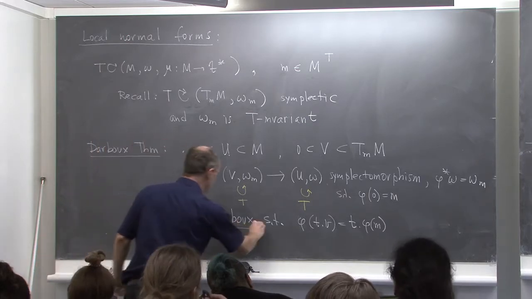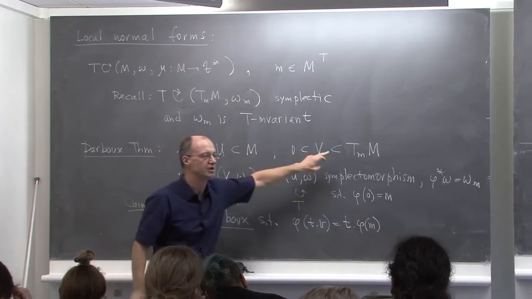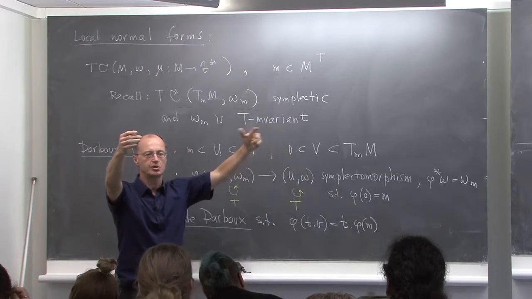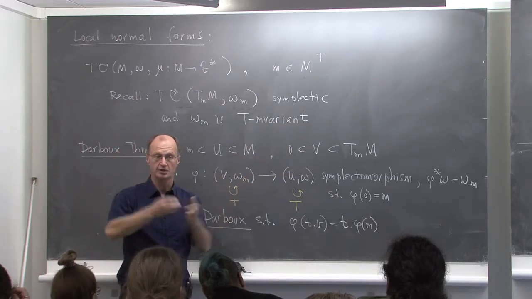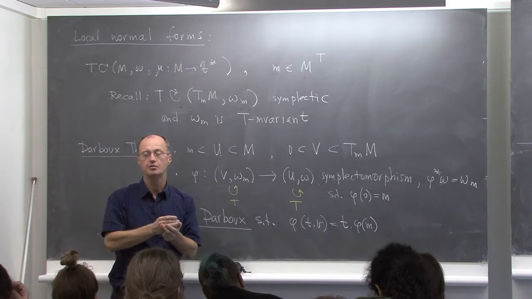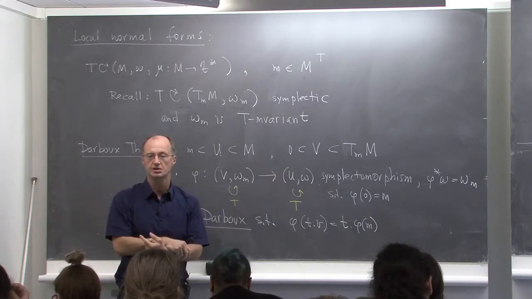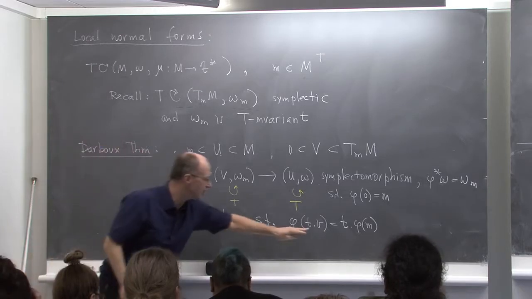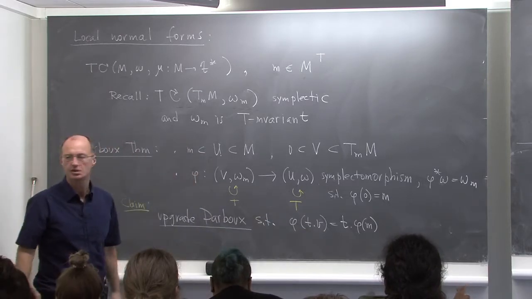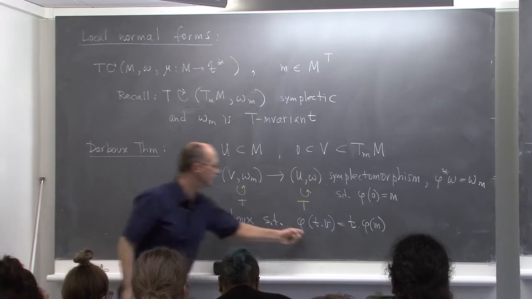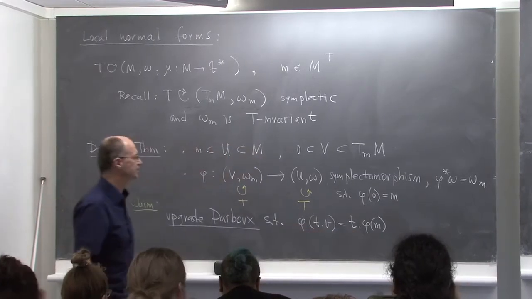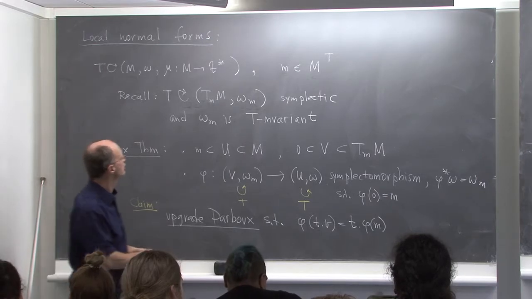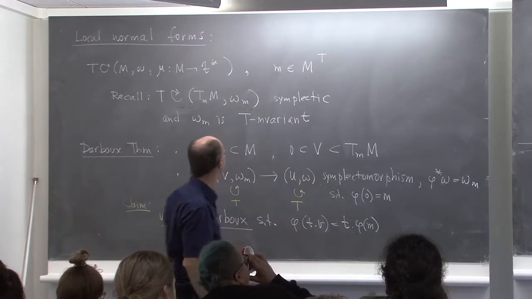So with the right choices of the initial identification of V and U, and with the right choice of the homotopy, say a T-equivariant homotopy that we use in the Moser trick, the diffeomorphism will automatically respect the T action. All right, so far so good.